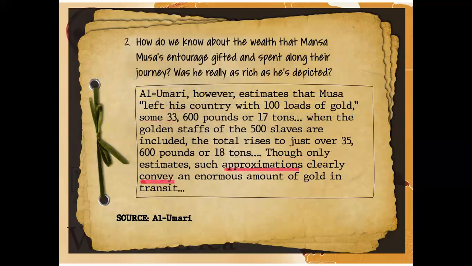Al-Umari, and we see however, so we know it must be saying a disagreement to something, right? However indicates disagreement, or on the other hand.